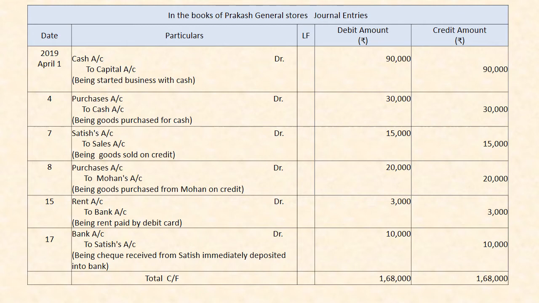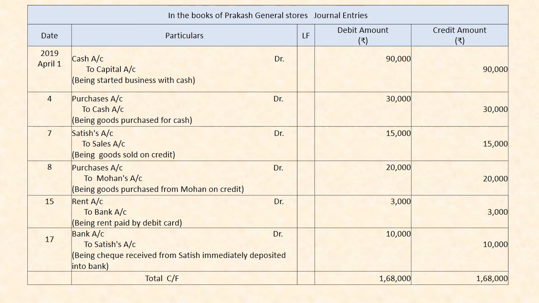Now see the next transaction given in the problem. Dated 4th April, purchased goods for cash rupees 30,000. Identify accounts involved and their type. First is cash account and second is purchases account. Cash account is a real account and purchases account is a nominal account.